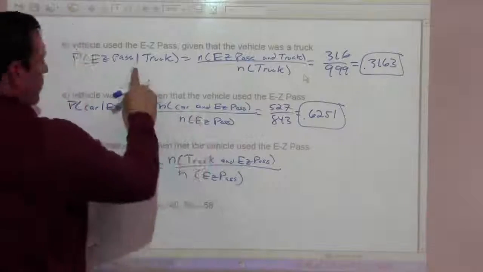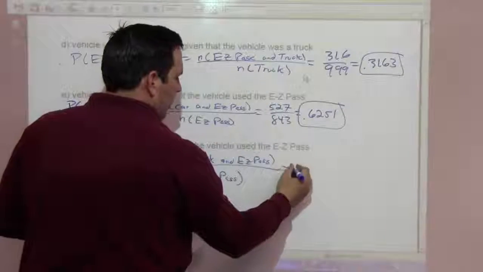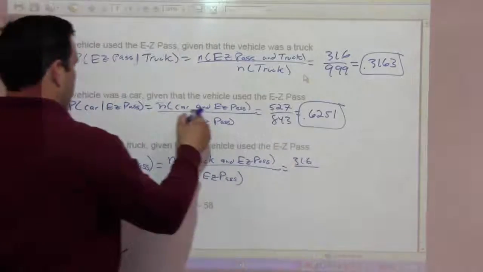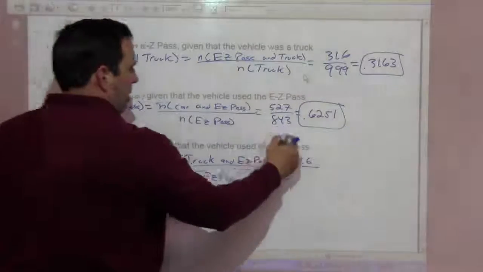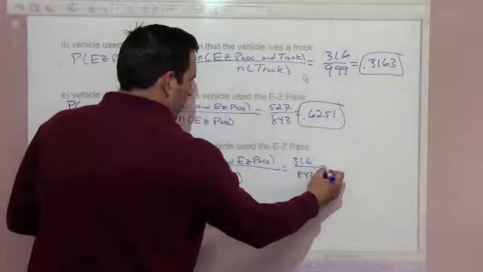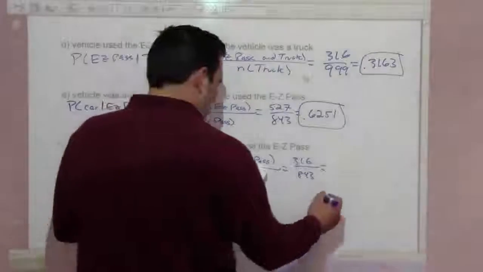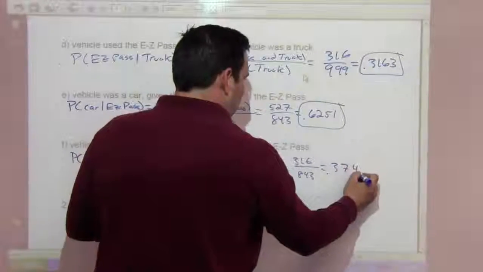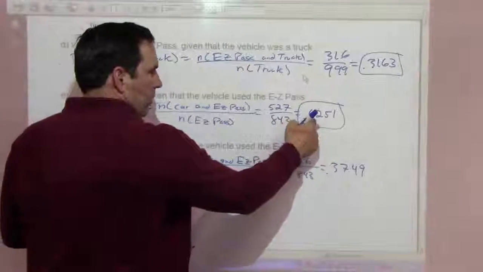Well, part D gave us the number of trucks and Easy Pass was 316. And part E gave us the number of Easy Pass is 843. And we have 0.3749. Or we could have just subtracted this from 1.